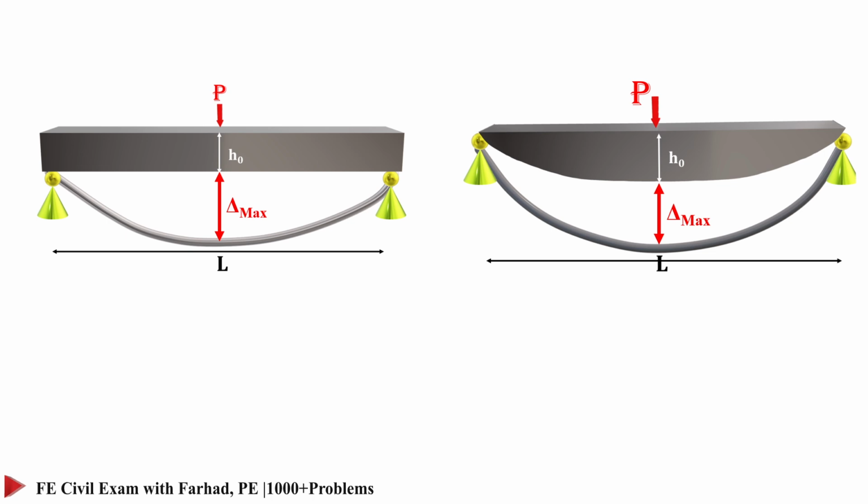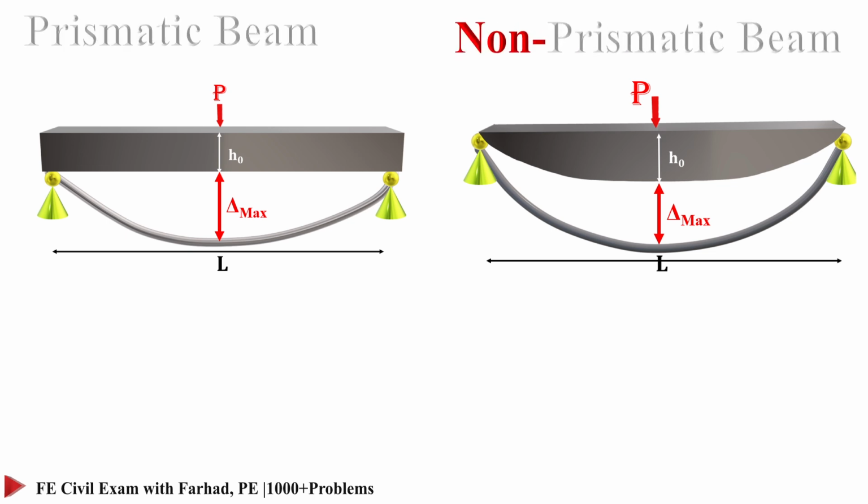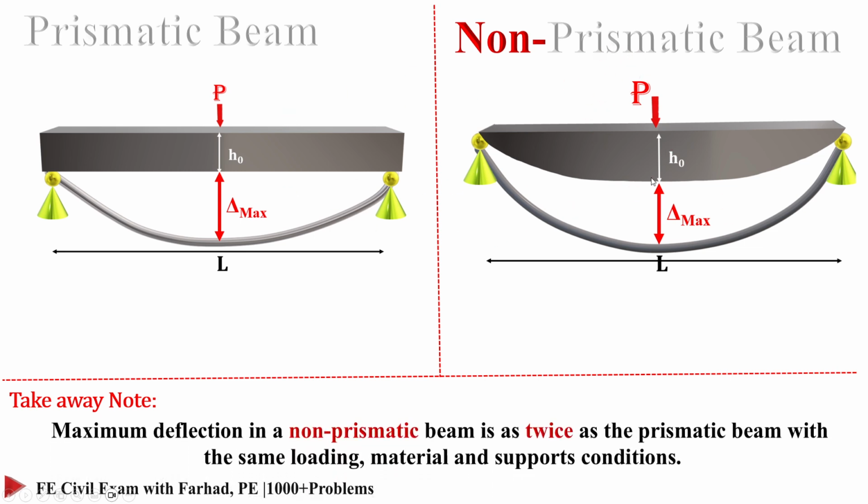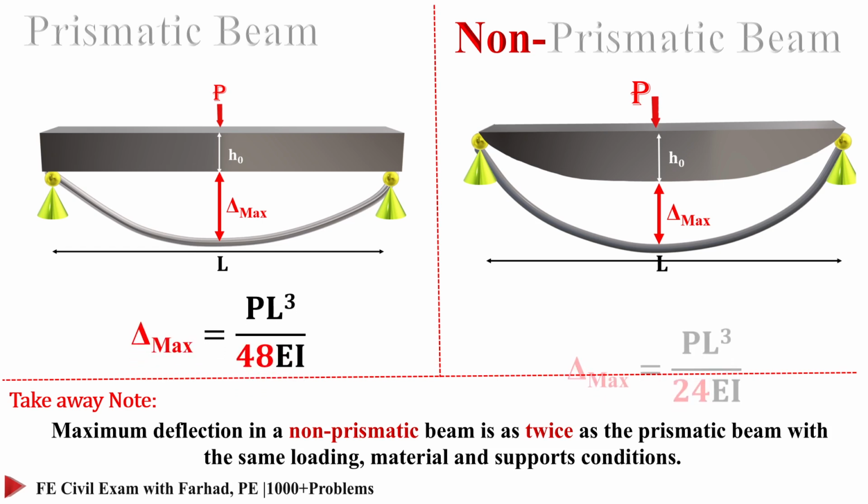So the interesting result is that if you compare the prismatic beam with the non-prismatic, everything the same, you can easily see the delta maximum for the non-prismatic beam is twice that of the prismatic beam.